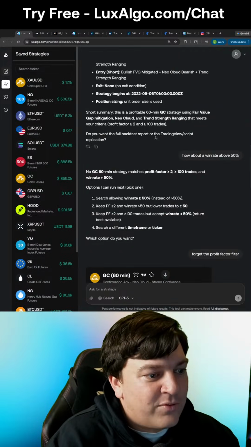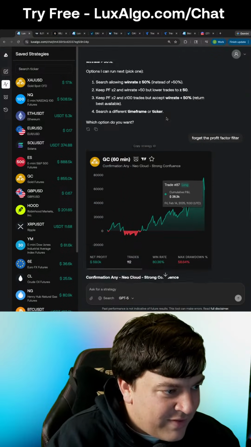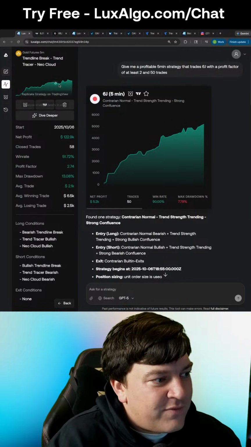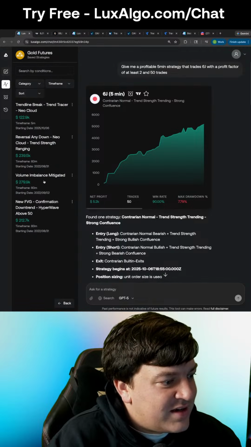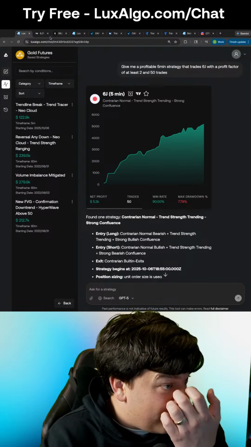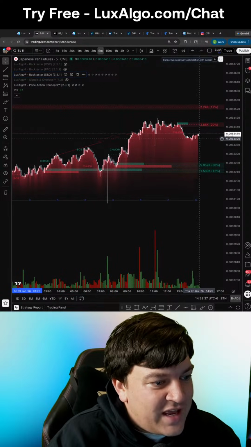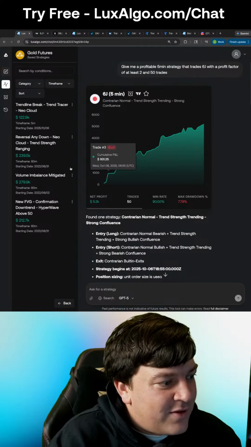So you can come in and develop whatever you want, or find backtests based on certain conditions. You can already do that through all the LuxAlgo indicators. If there's a combination of features that you like, you can ask the AI and get those features.